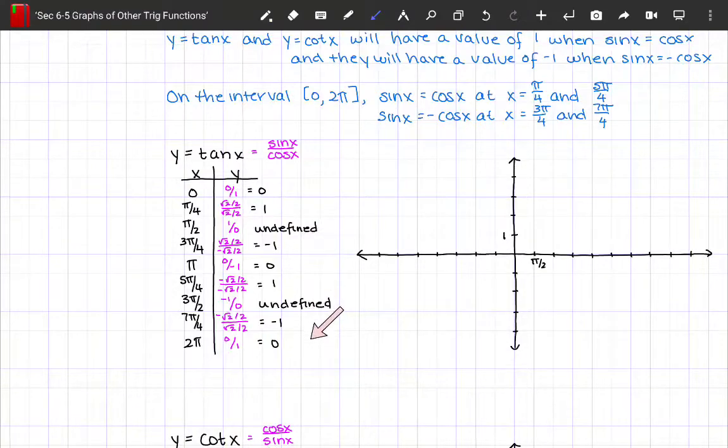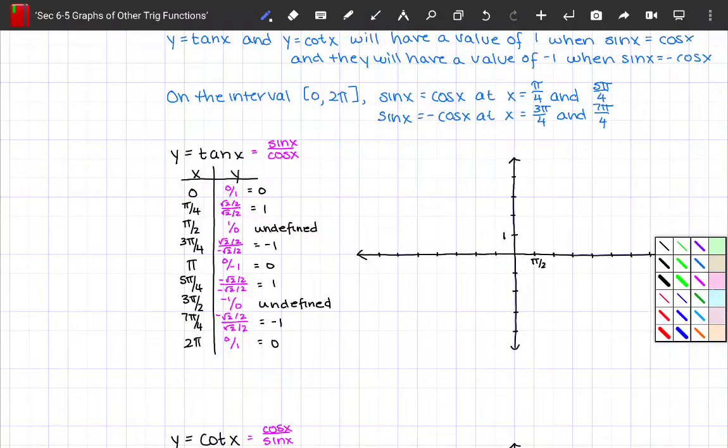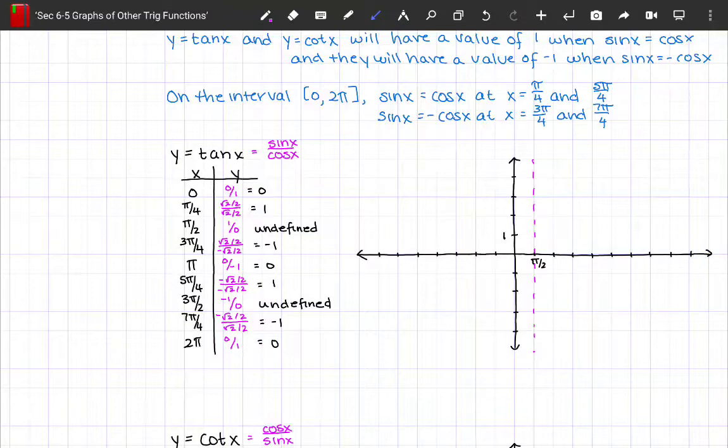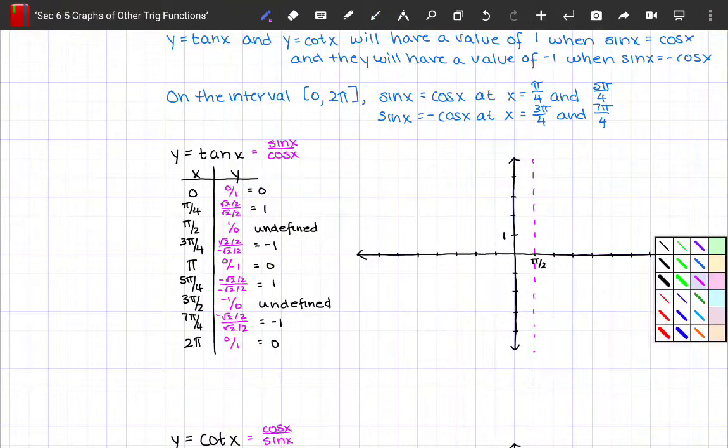So let's see what this looks like as a graph. So I have an asymptote at pi over 2, and there's pi over 2 right there. So let's go ahead and draw a vertical asymptote in there. I should also have a vertical asymptote at 3 pi over 2. So 3 pi over 2 will be here.